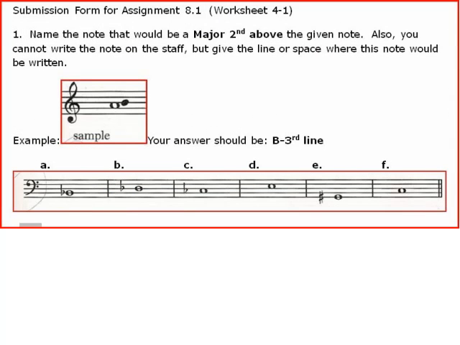Okay, so we started off with the B flat right here, and it asks for a major second, and we found out that a major second above B flat is C. Whoa, that's kind of a crazy C, but that is a C. Now, we found out also in the beginning that the basic interval of a second above B flat is C, so there's nothing that you need to change there.